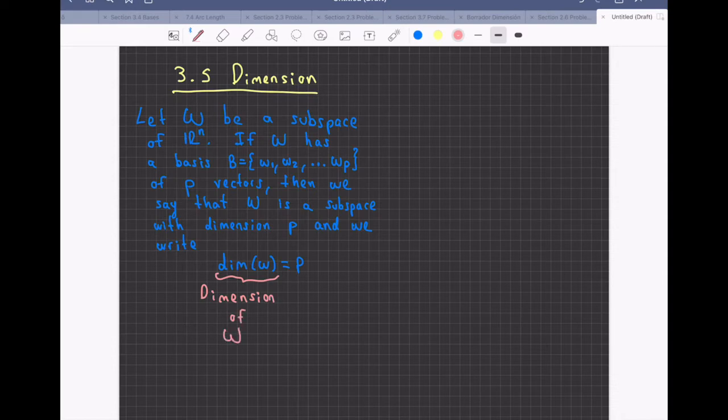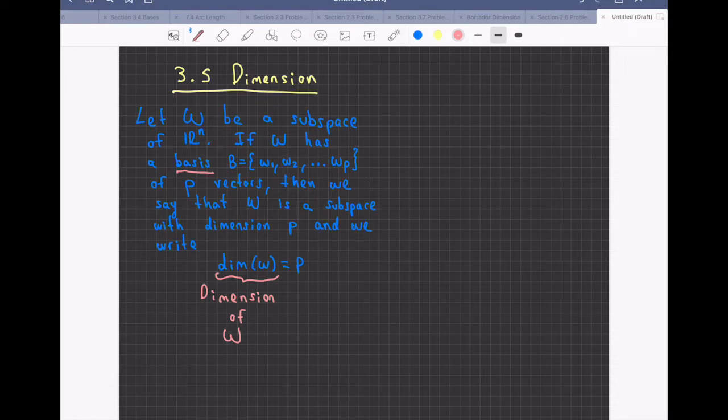So, if we have a basis, remember that as we covered in the previous section, a basis for a given subspace is a set that is linearly independent and that spans the subspace W. If that happens, then we have a basis. But if we have a basis, how do we know the dimension for the subspace?